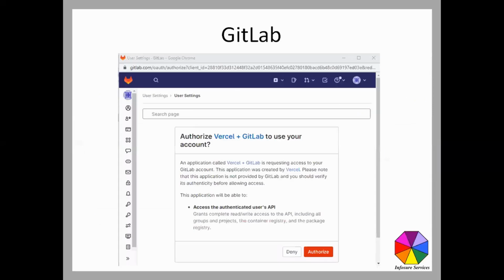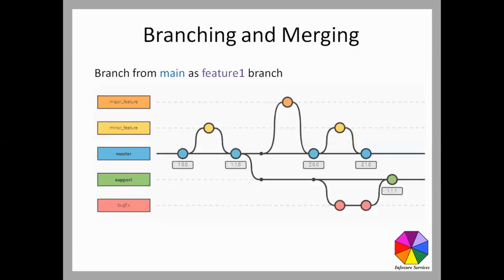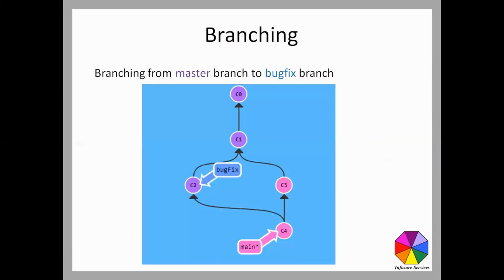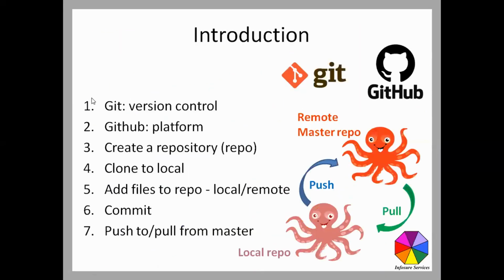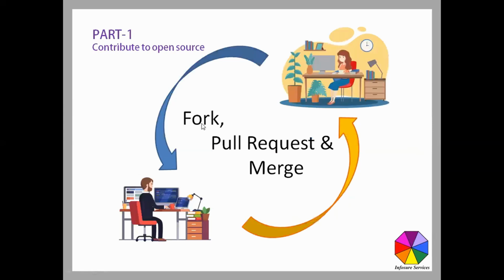Are you getting an understanding of what a version control system is? What happens in Git version control, especially what features you can use? You can contribute to open source. These translate to some commands, but you can do it on the command prompt as well as see how it is made easy with PyCharm.